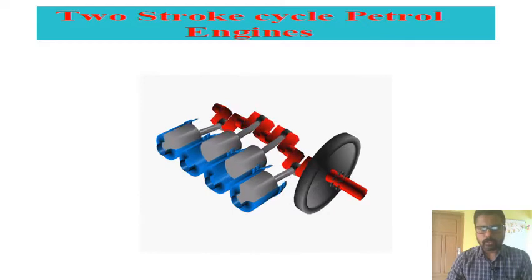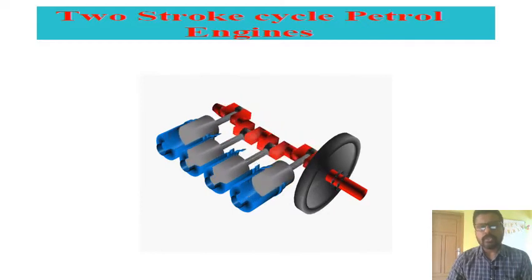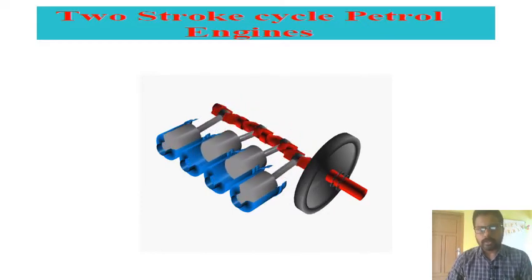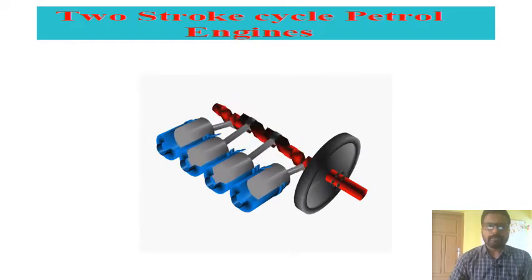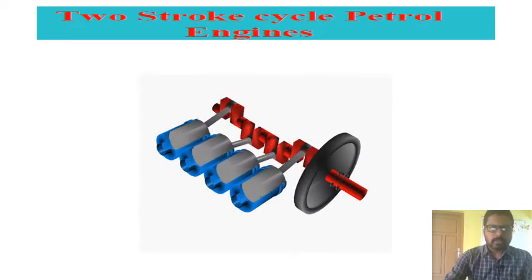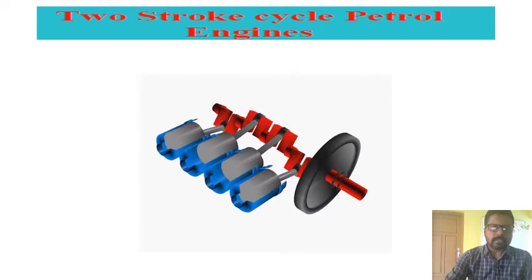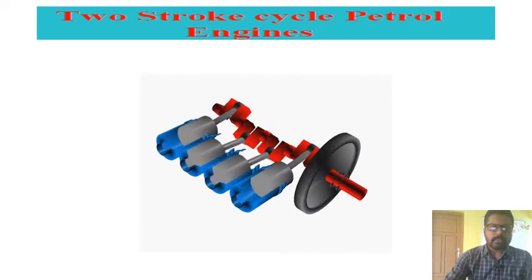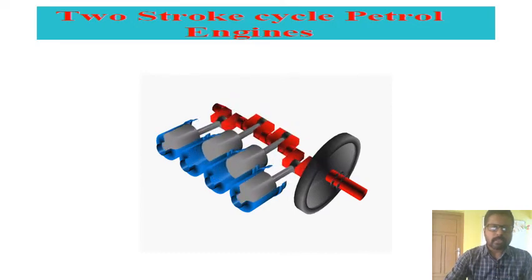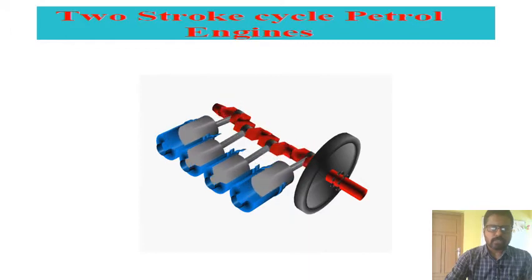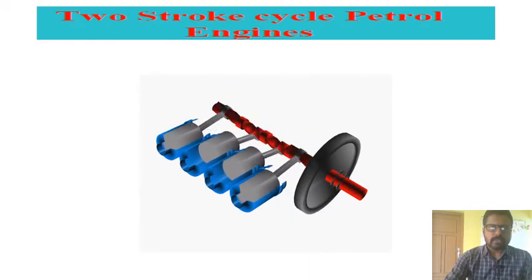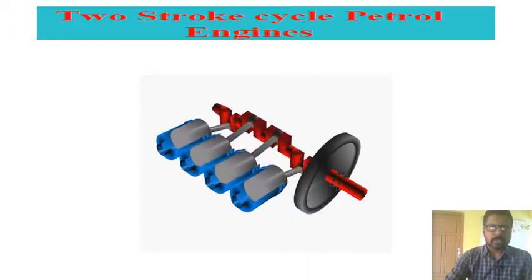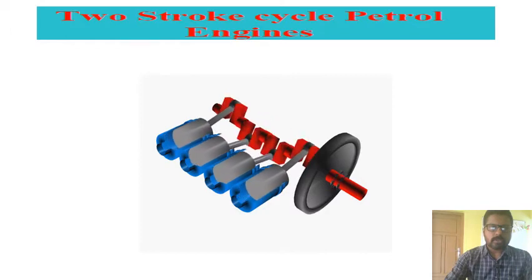Actually, this also shows the overall working of engines. Here the blue color shows the cylinder, and this is the piston. Piston is reciprocating. Reciprocating means to and fro movement. This is the connecting rod. This red part which is rotating is called the crank.